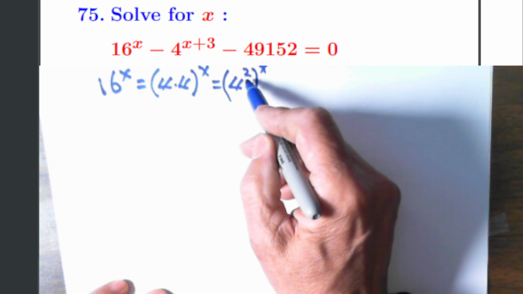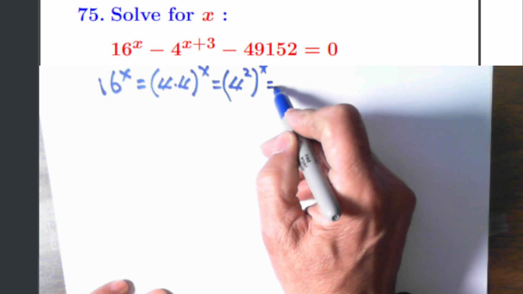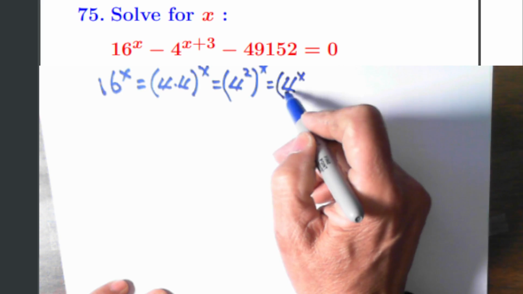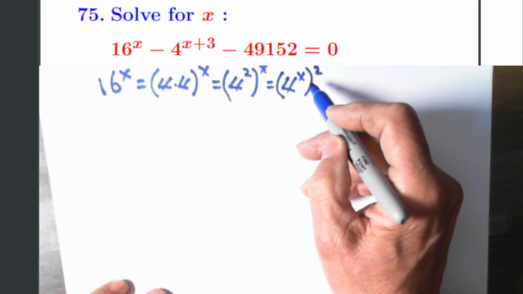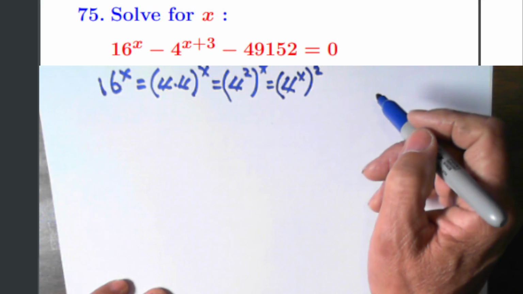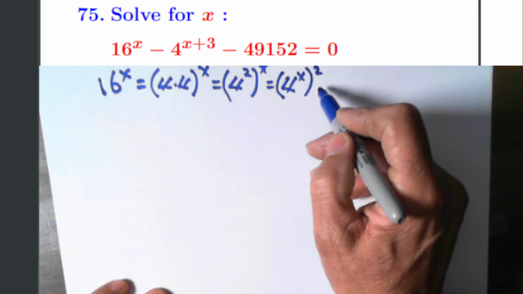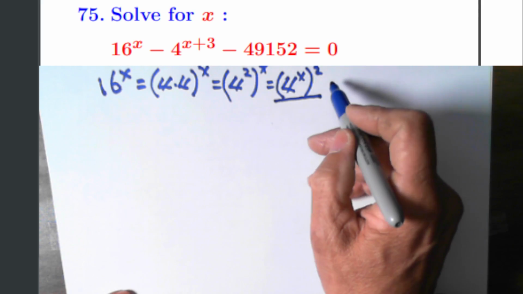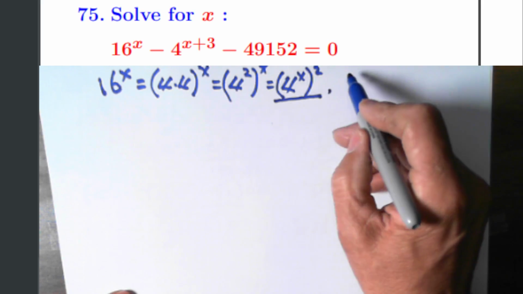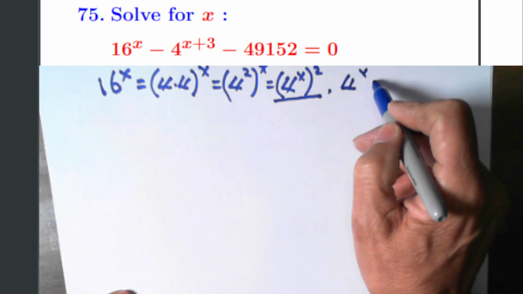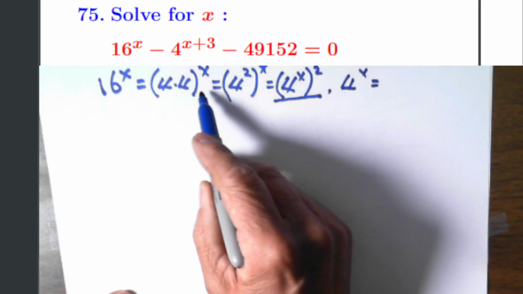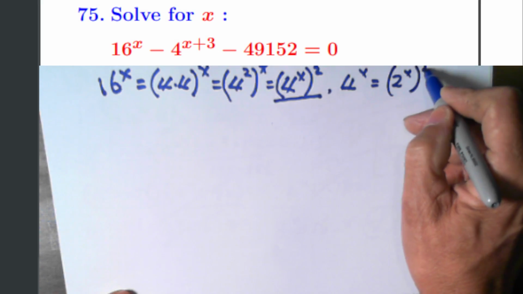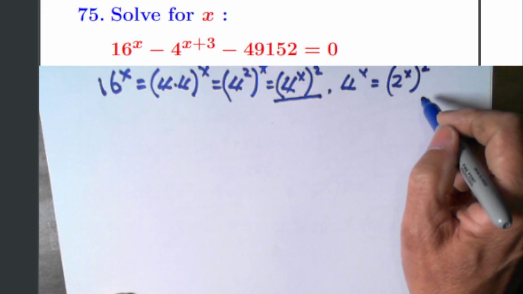We can switch this around and rewrite it as (4^x) to the second power, according to exponent properties. So now we have (4^x)^2, and again here we have a 4^x. This one will be the same, in the same way, as (2^x) to the second power. We might use this one later.